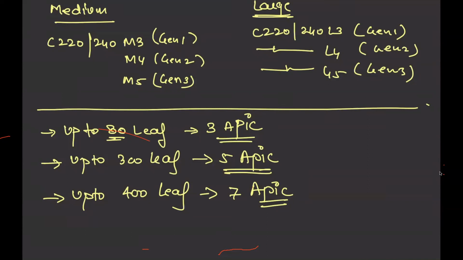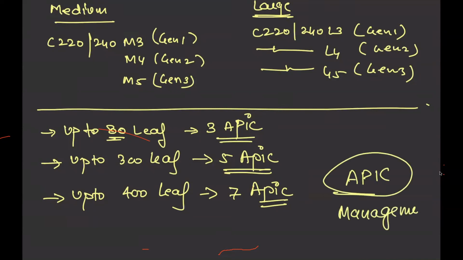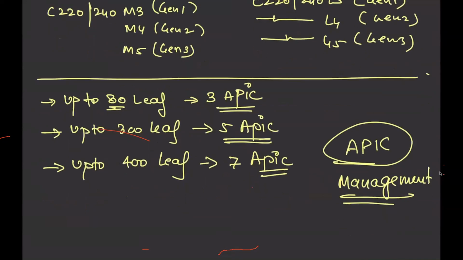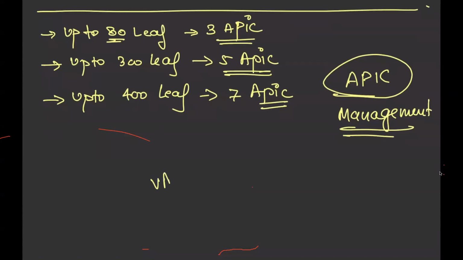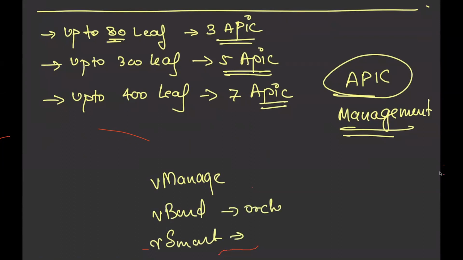Here you are having only one controller, which is in the management plane. When we are talking about SD-WAN, you are having 3 different controllers: vManage, vBond, and vSmart. So there are different roles. This is for your orchestration plane or security plane, this is for your control plane, and this is for your management plane.